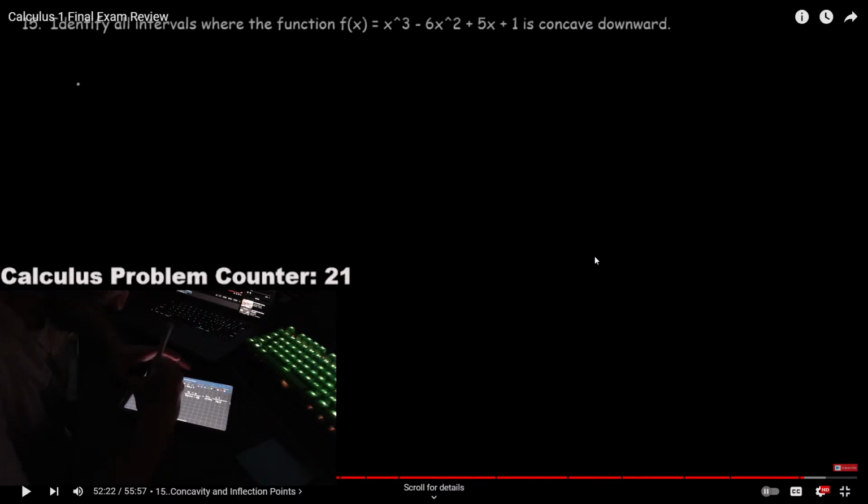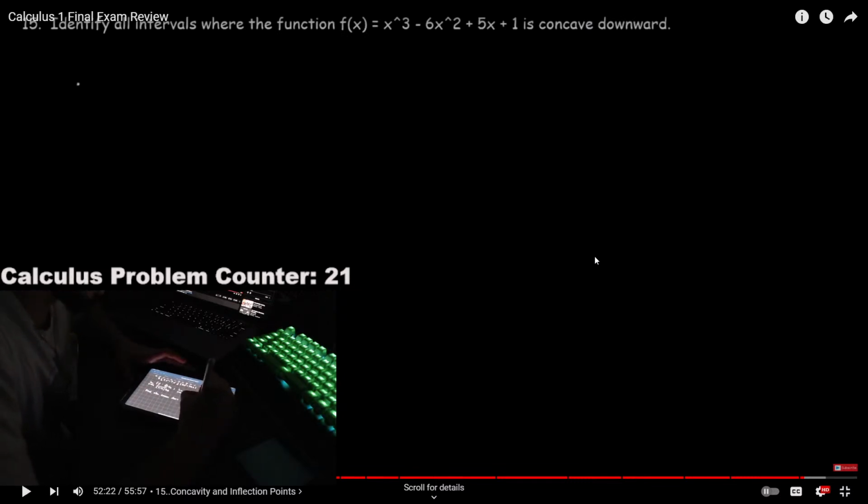Let's see. Find when concave down. f of x equals x cubed minus 6x squared plus 5x plus 1.